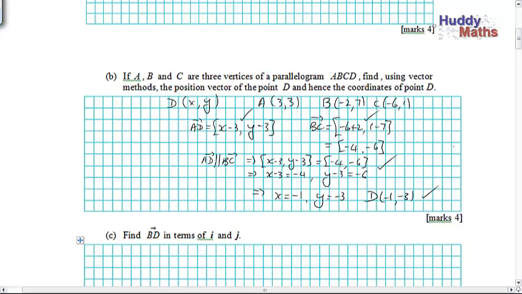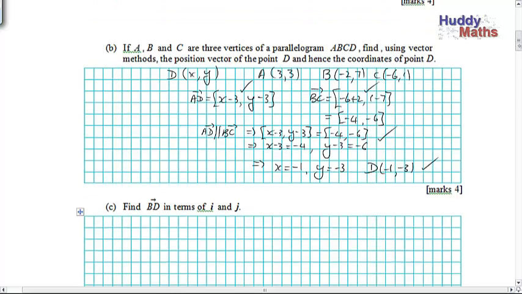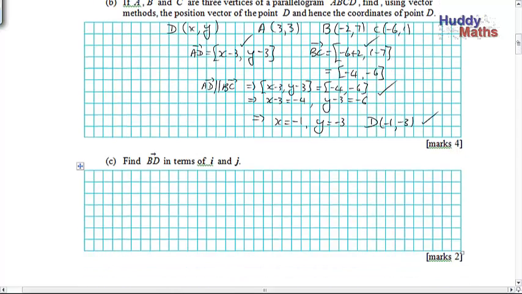Okay, how are you going? Getting a few? Let's go down, find BD in terms of i and j. Well, let's work out the BD vector. It's the x-coordinate of D minus the x-coordinate of B. So it's -1 take -2 is -1 plus 2, and 3 minus 7.